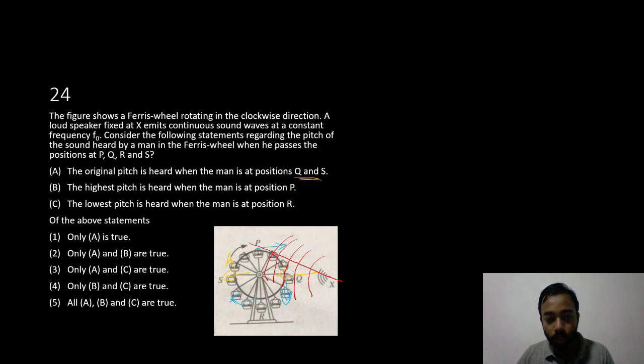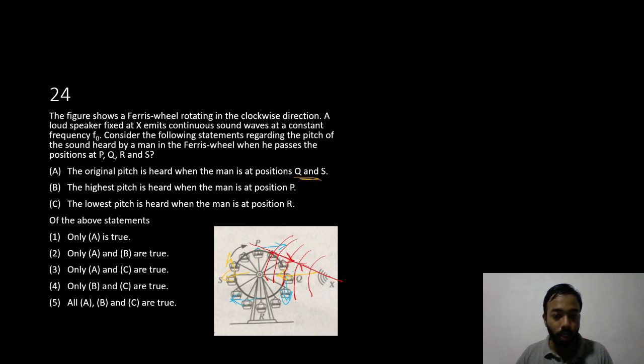At this point here, the velocity of the observer will be in the direction of the velocity of the sound waves. So this is the point where he will hear the maximum frequency.